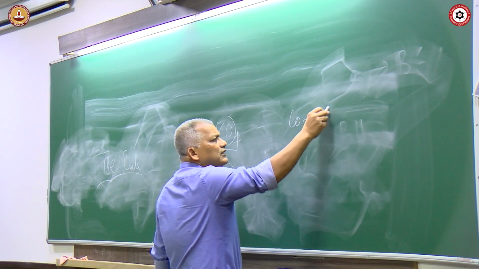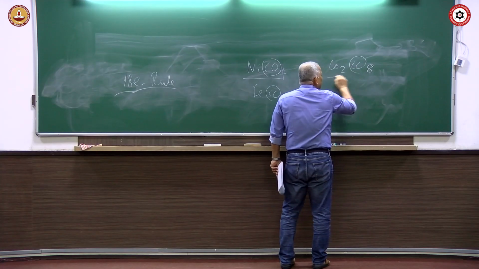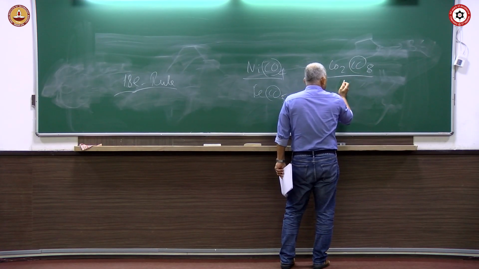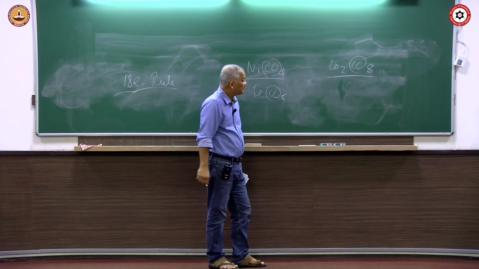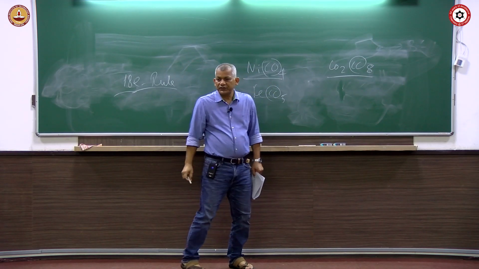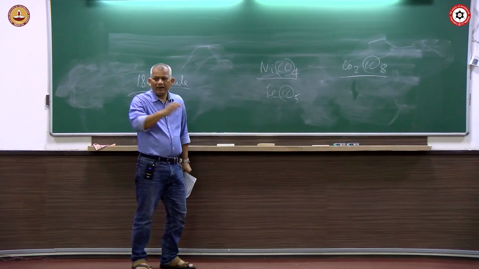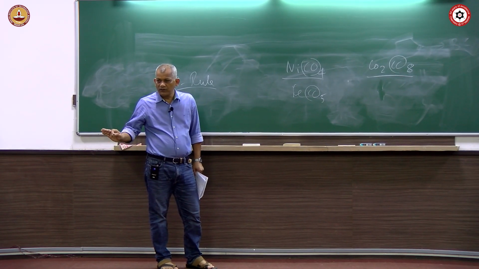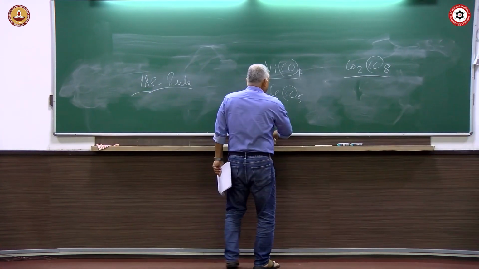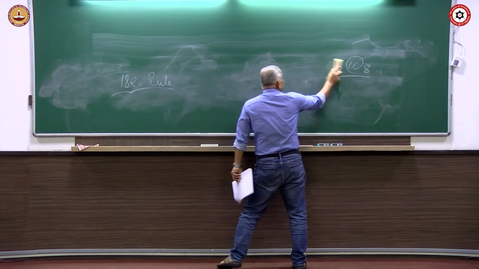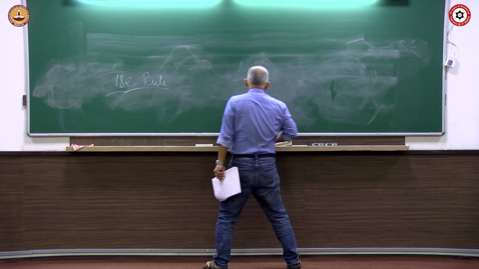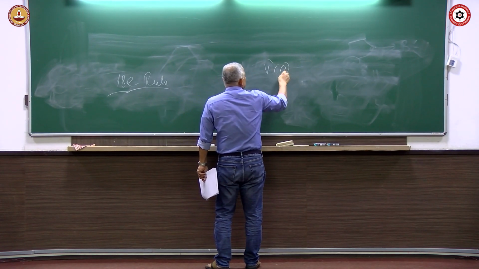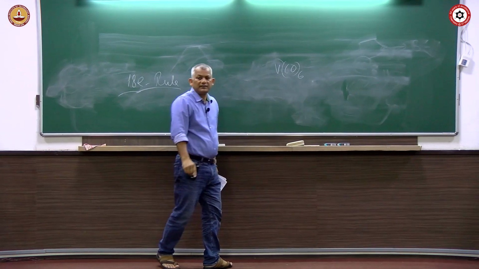Co2(CO)8. There are two metals, but again it's 18 electrons. If you have Mn2(CO)10 or many of the other monometallic carbonyl complexes, they all follow that 18 electron rule. Now, to justify this, V(CO)6, what is the electron count?